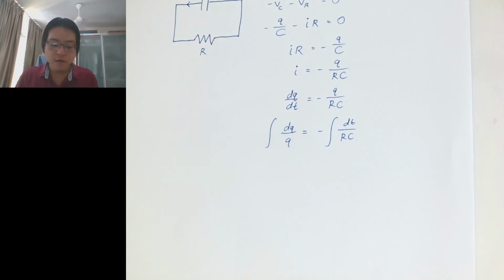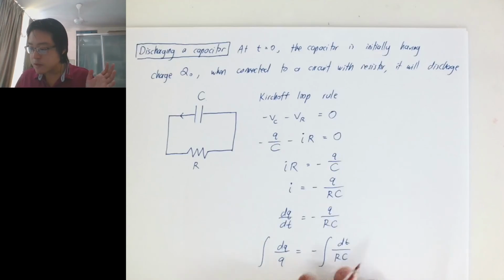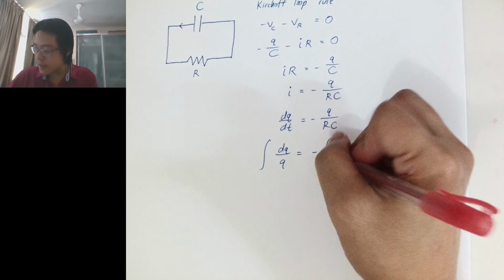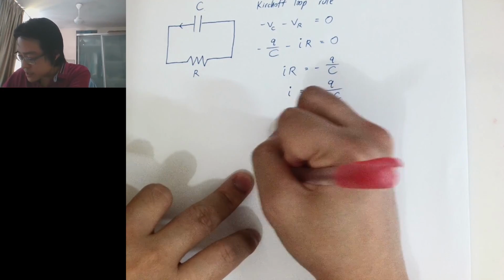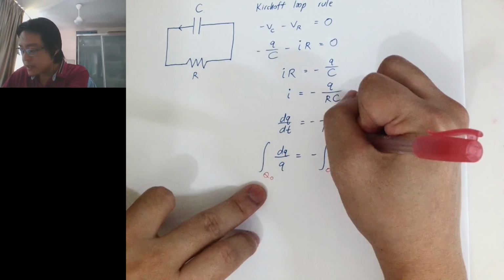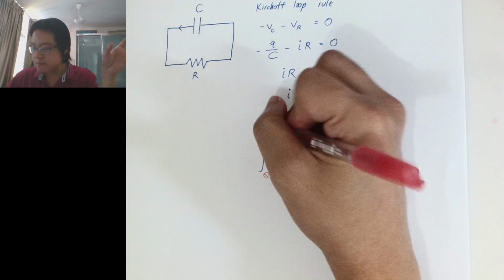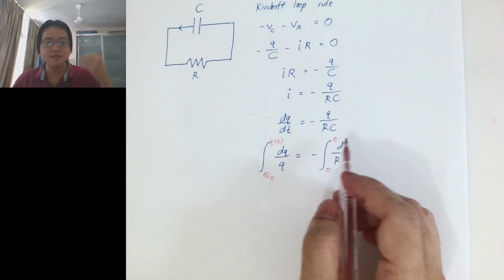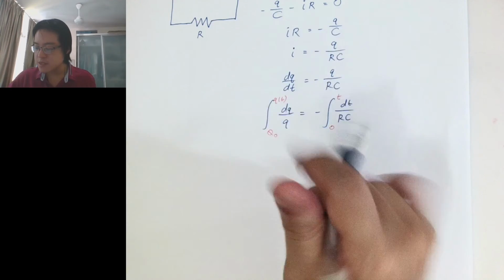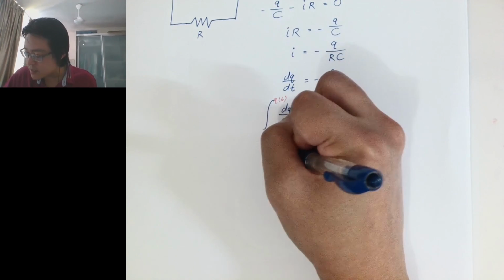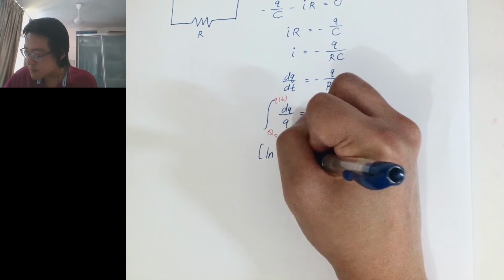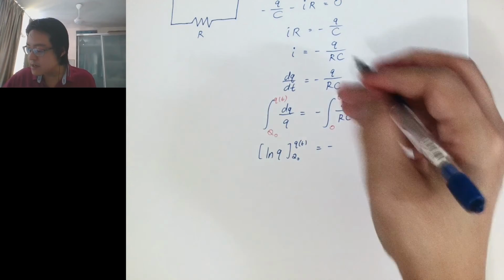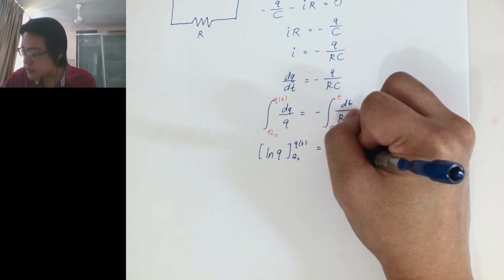According to what we know, initially at time 0, the charge is Q0. So at time 0, my initial charge is Q0, and then until some later time t, I will have some later q(t) depending on what this is, right? This is a function that we can easily integrate. This is a log q. The limit is from Q0 to whatever q(t) over here, and integrating here gives just t over the time constant.